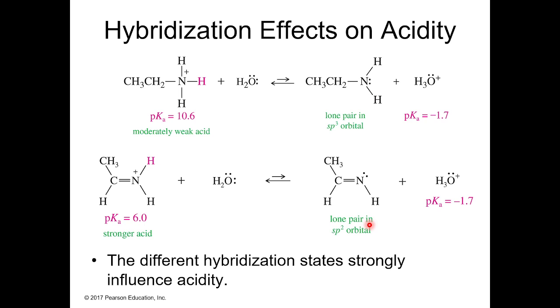It's mixing the orbitals of that atom to form hybrid orbitals, specifically your sp, sp2, and sp3. And that exists because these actually have p orbitals that are involved in the double bond. That's how you make a double bond: you have two p orbitals and they overlap on the sides.